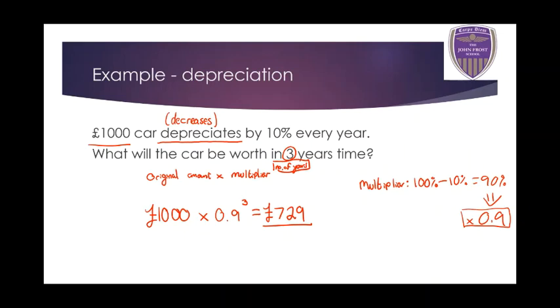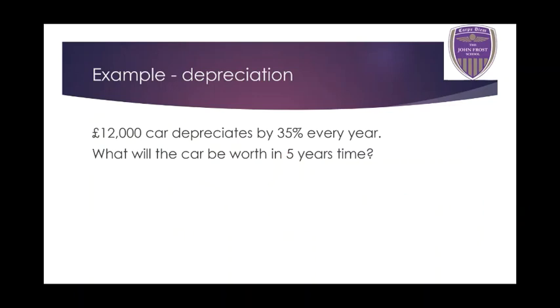Okay, one more example. A £12,000 car depreciates, remember, that means decreases, by 35% every year. What will the car be worth in 5 years' time? Again, one more time, write the formula. That's the original amount multiplied by our multiplier.